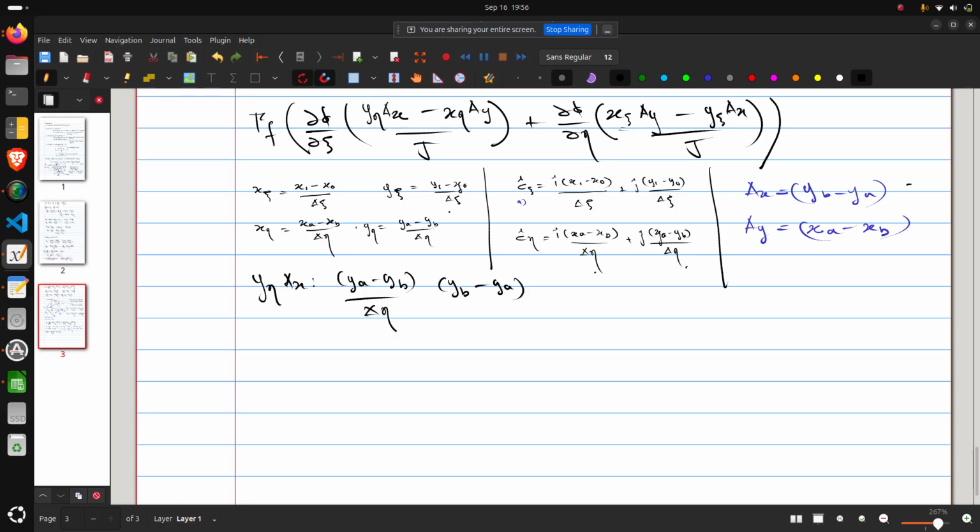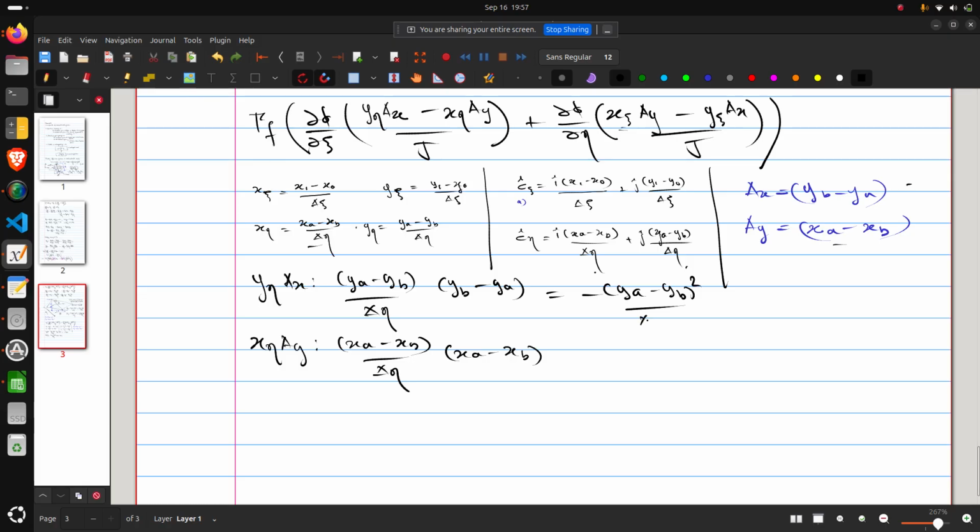And here x eta ay, it will be nothing but xa minus xb by delta eta, and ay is nothing but xa minus xb. So this comes out to be minus of ya minus yb whole square by delta eta, and this is xa minus xb whole square by delta eta.